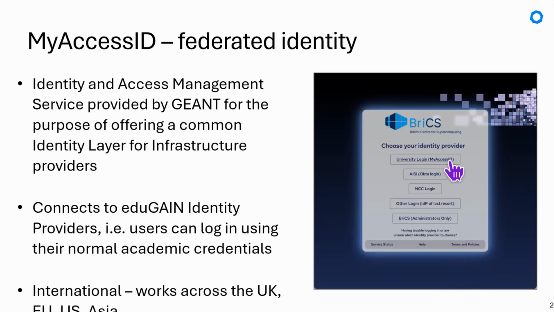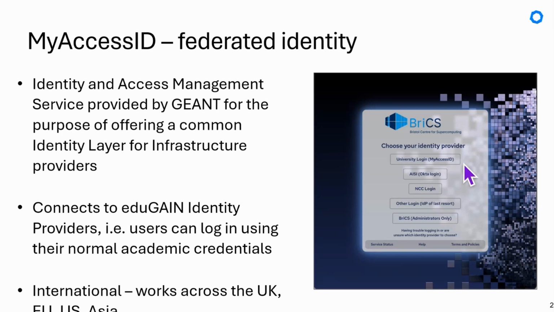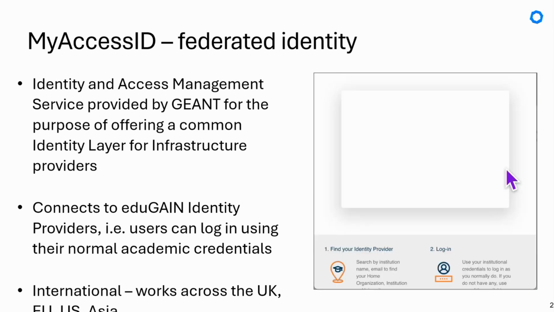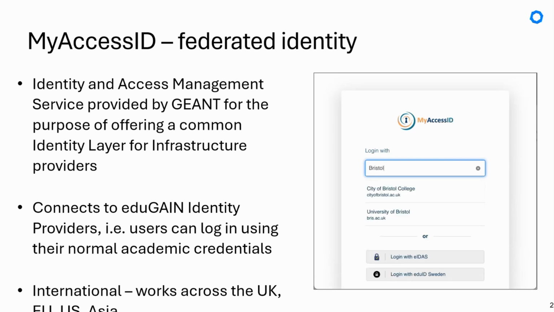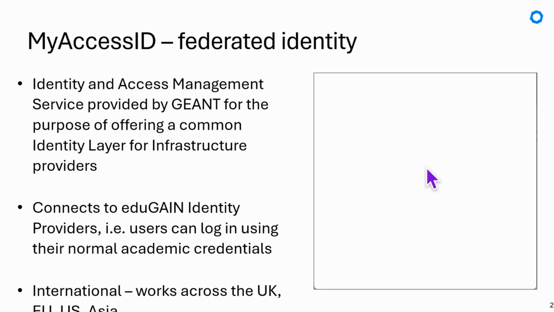So a user coming in to use the services offered by the DRIs would use MyAccessID to get an existing identity of the user that they have in the IDP. And MyAccessID connects to the EduGain identity provider.